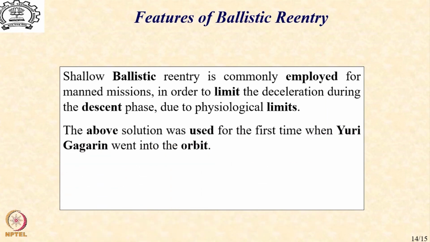The above solution that we have seen was first used when Yuri Gagarin went into the orbit and returned to Earth in his space capsule, and the same space capsule was brought back through a shallow ballistic re-entry so that the deceleration could be kept to manageable limits.